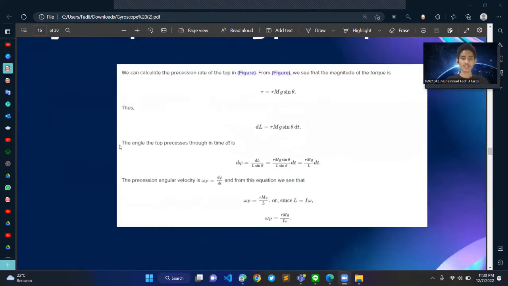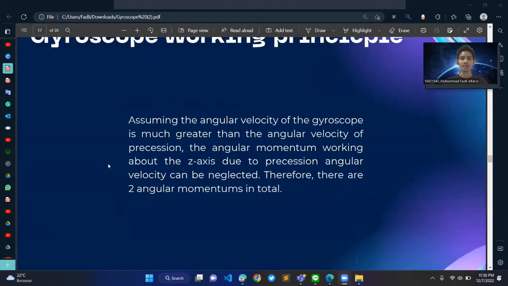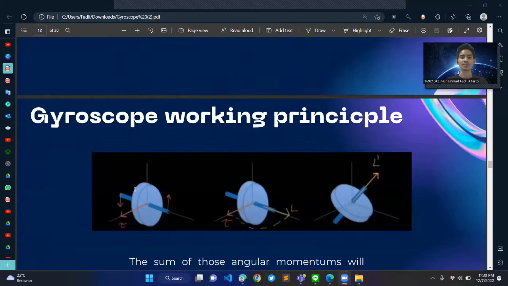This is the calculation of the precession angular velocity. Assuming the angular velocity of the gyroscope is much greater than the angular velocity of precession, the angular momentum about the z-axis due to precession angular velocity can be neglected. Therefore, there are two angular momentums in total.